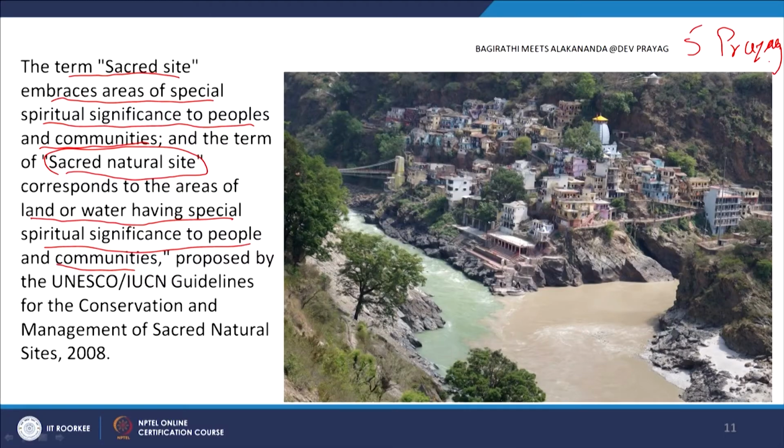And for instance, in Uttarakhand we have five prayags: Dev Prayag, Karna Prayag, Vishnu Prayag, and a few others. Prayag basically means the junction of two rivers, where different rivers join.